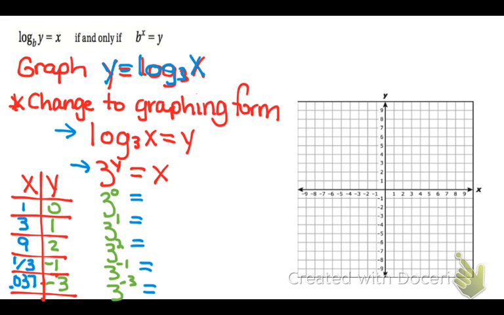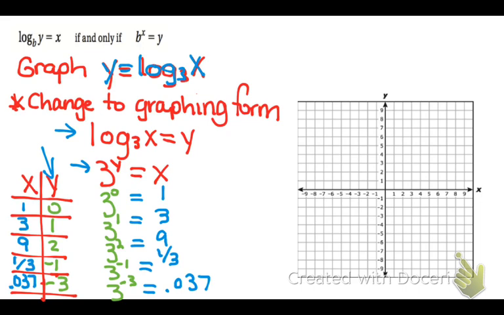I made a table of values, and I chose some values for y, 0, 1, 2, -1, and -3. And when I subbed those in, I got 1, 3, 9, 1/3, and then 1 over 27, or 0.037. So I solved for my x values. I put in y values to find out my x.